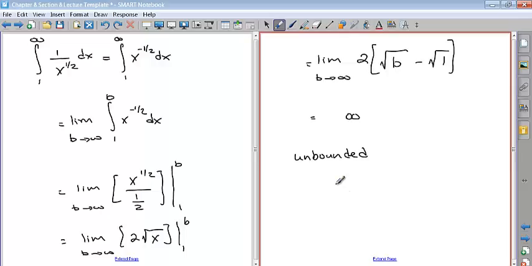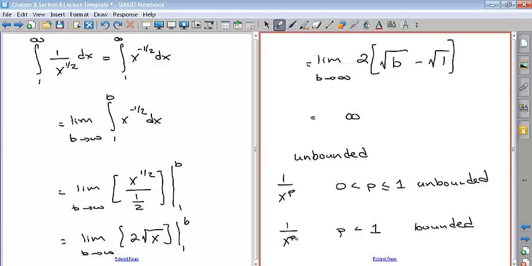It turns out that if you have 1 over x to the p power, say, if p is between 0 and equal to 1, it's unbounded. So in this case, we have a half, which is this case. If you have p greater than 1, then it's bounded.